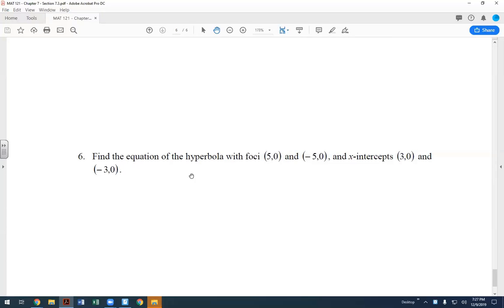So use the relationship of a squared plus b squared equals c squared. We've got a squared as 3 squared, which is 9, c squared as 5 squared, which is 25. Use that relationship between a, b, and c and calculate your b value, and then just put it under the denominator. Give it a try and tell me if you have any questions.